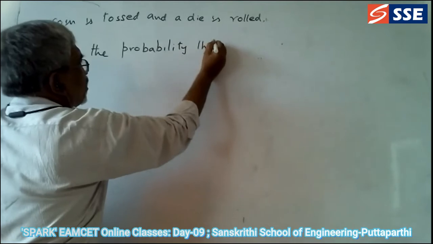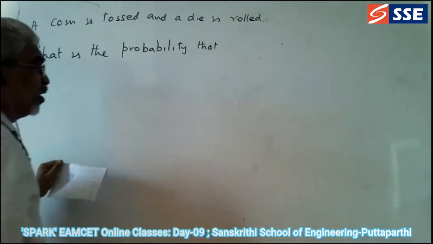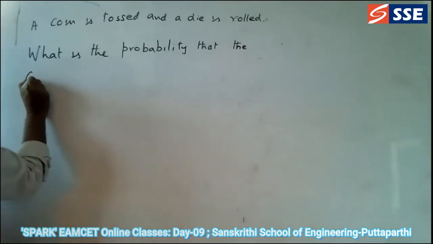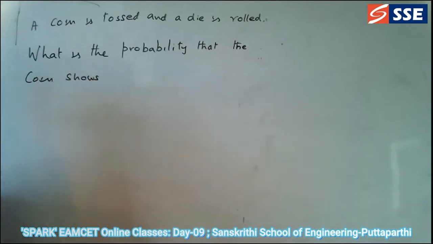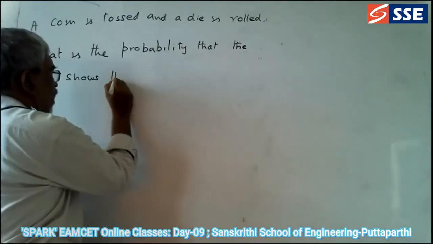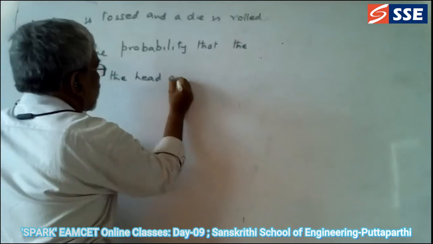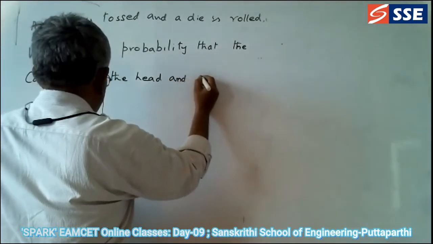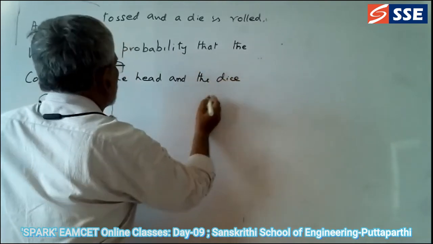What is the probability that the coin shows head and the die shows 6?